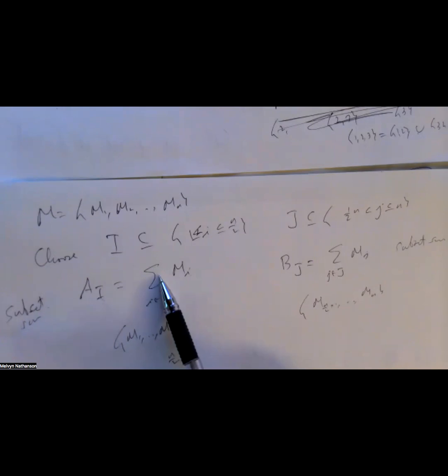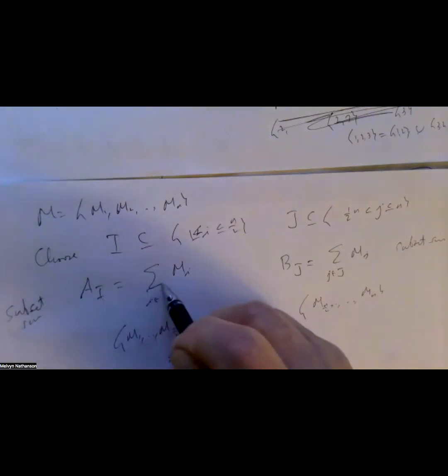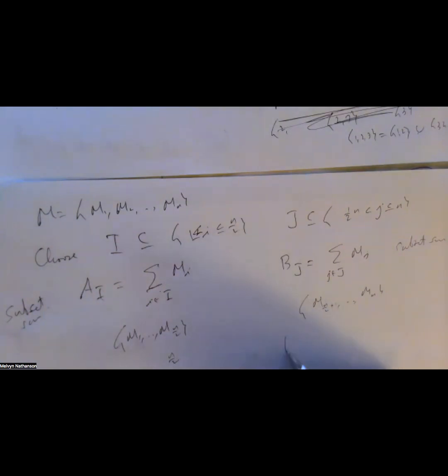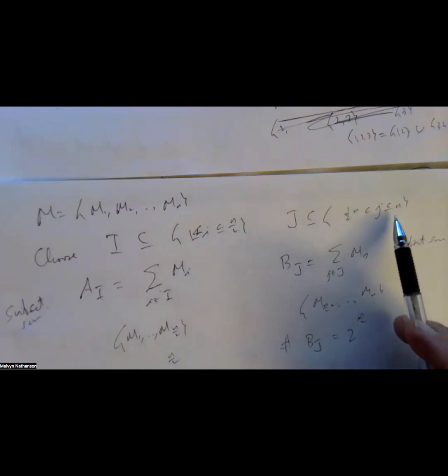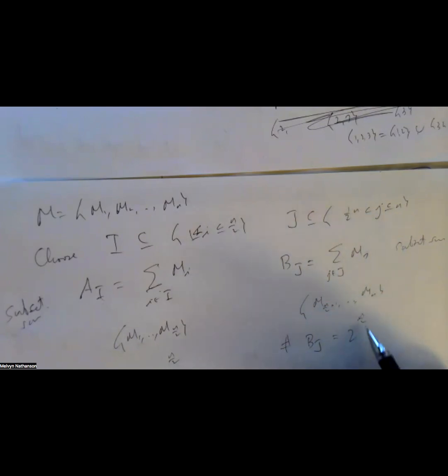No, there's no top of the summation sign. It's just the notation, i belongs to big I. The number of b_j's is also 2 to the n over 2, because I have n over 2 numbers, and the number of subsets of a set with n over 2 numbers is 2 to the n over 2.